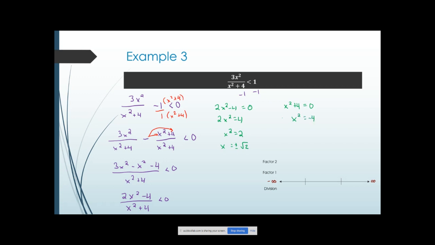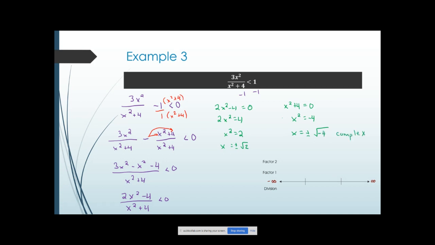Then you take the square root of both sides. x equals plus or minus the square root of -4, which is going to give us a complex number again. And if it's complex, we don't have to worry about that. So that means we don't have to worry about the denominator being 0 because it's never going to equal 0.